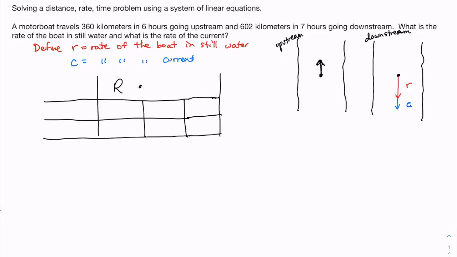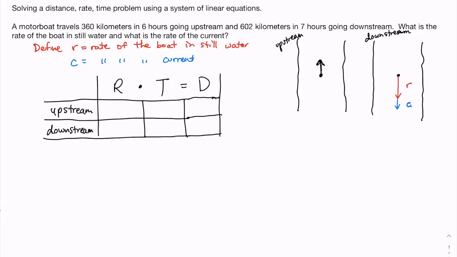Let's call this rate times time is equal to distance. We want to label upstream, and we want to label downstream. So there's action going upstream, there's action going downstream.